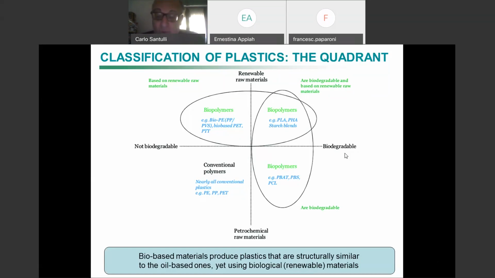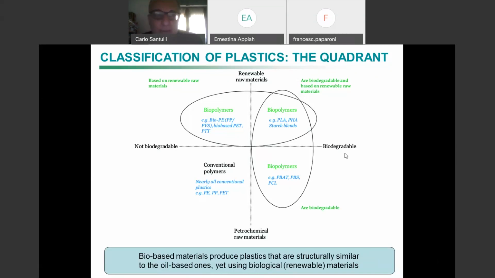There is also a fourth category, which is biodegradable materials obtained from oil. They are biodegradable, but they are obtained from oil. So I consume some oil to produce this plastic, but they are biodegradable.